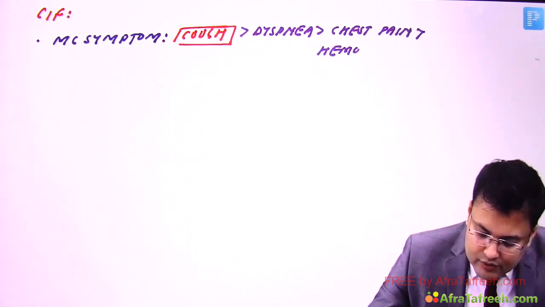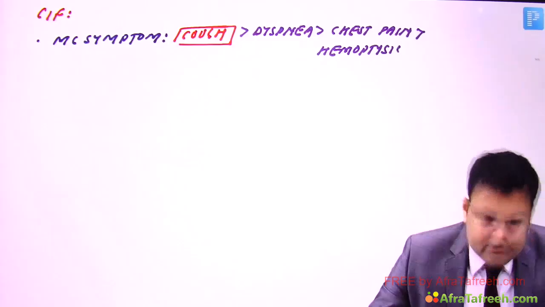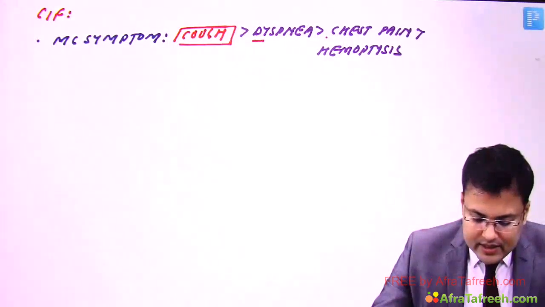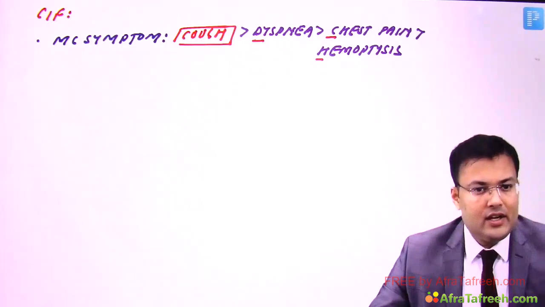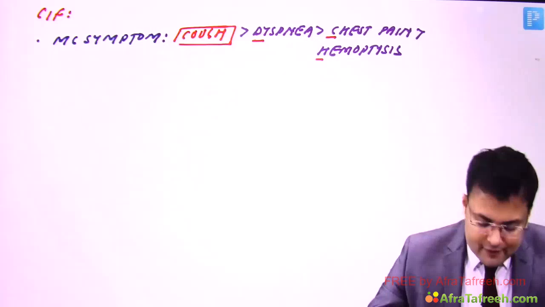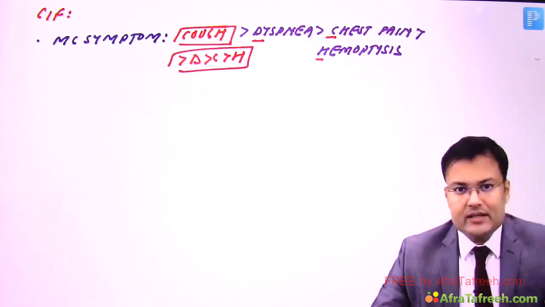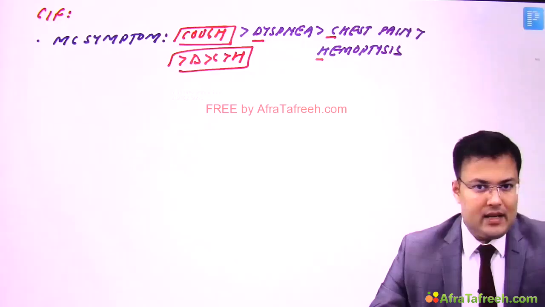Clear? So you will not forget this, cough is the most common symptom. How to remember these three? Dyspnea, chest pain and hemoptysis. So the most common symptom is cough followed by DCH: dyspnea, cough, chest pain and hemoptysis.